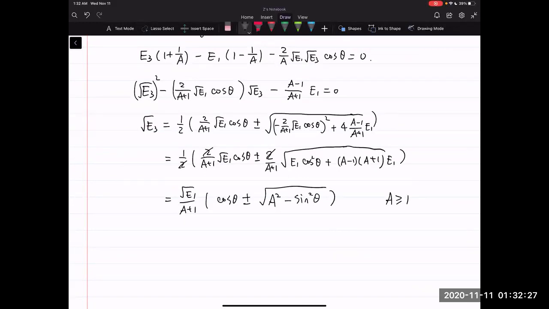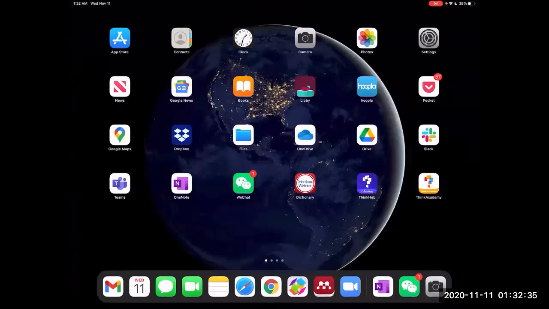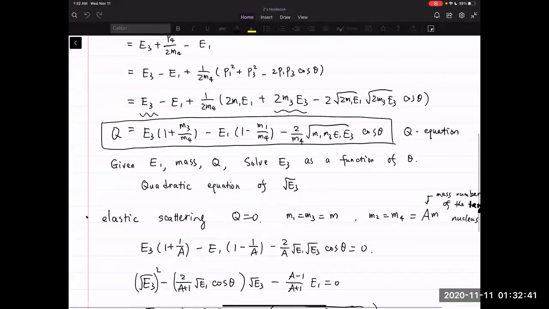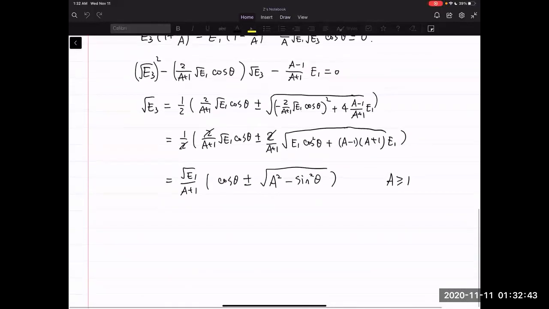You take the square root of that, and we only need to keep the positive term. Otherwise, we cannot get the square root of E3; it would be a negative number.